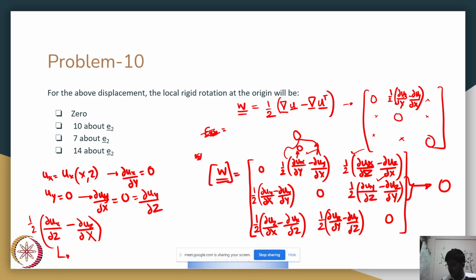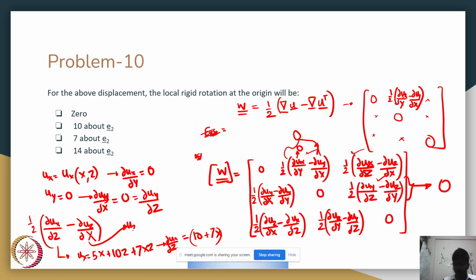If you remember, ux is nothing but 5x plus 10z plus 7xz. So dou ux by dou z is 10 plus 7x, correct?